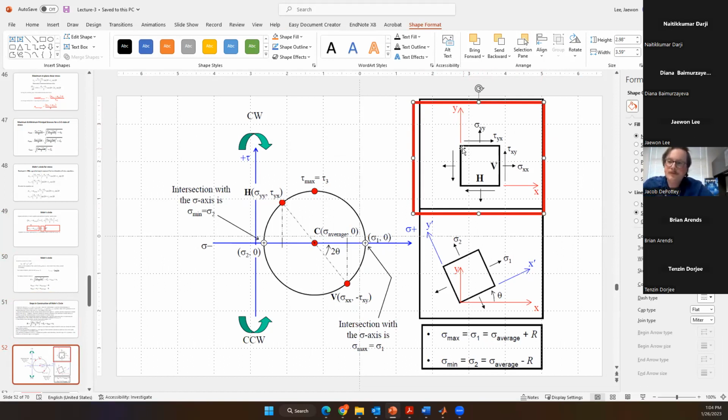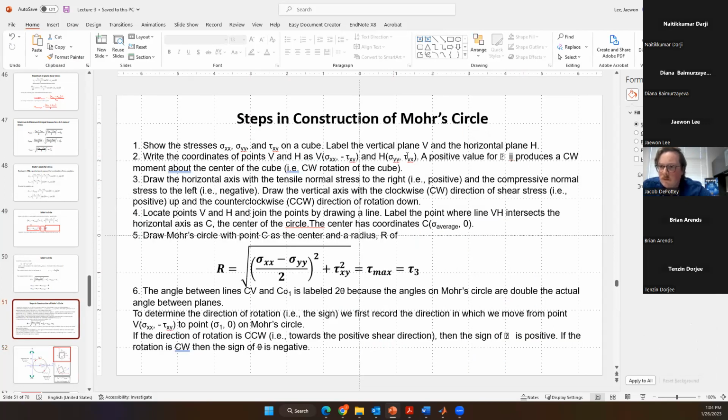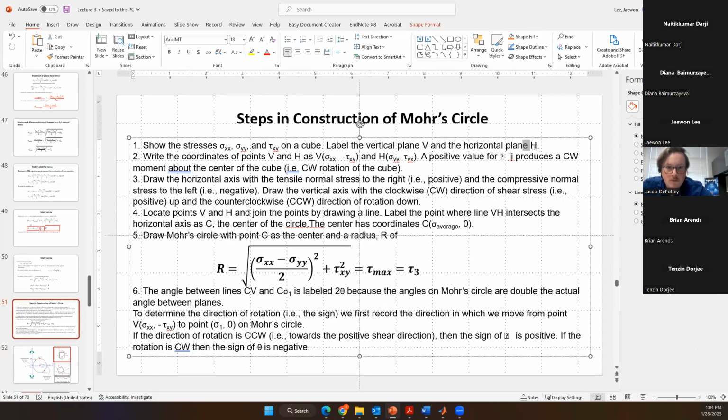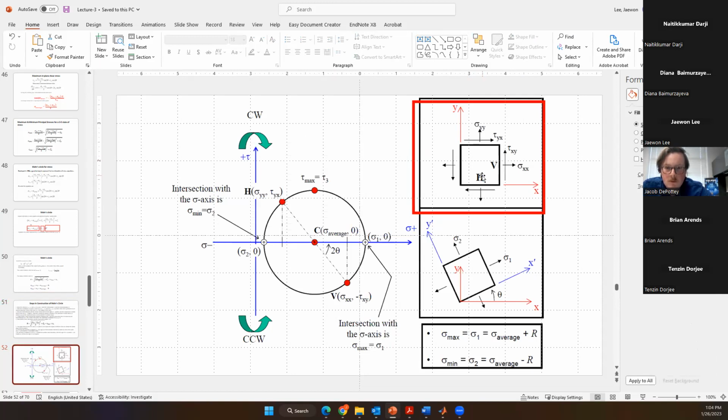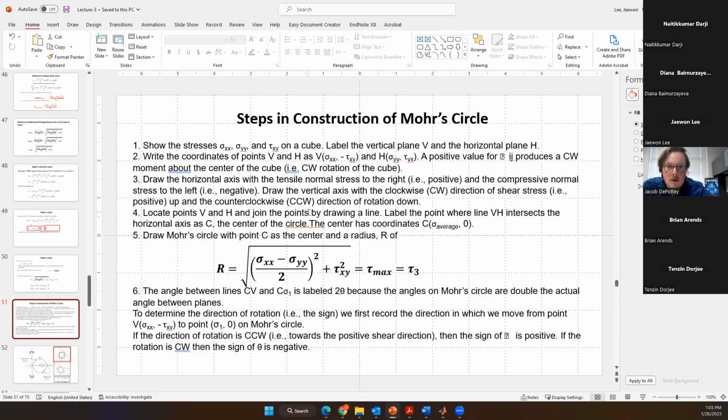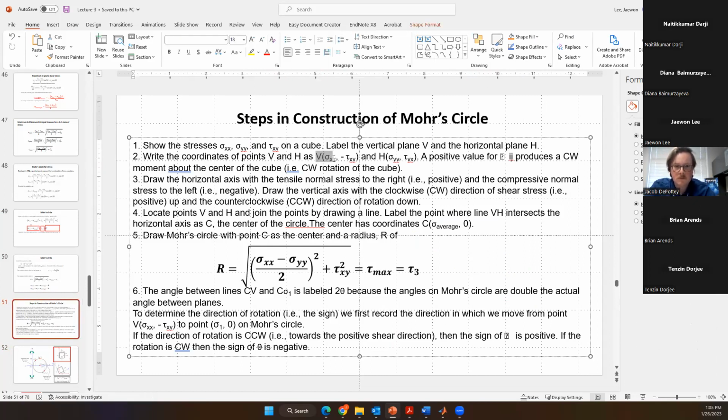You can make it a soft cube and rotate it: sigma xx, tau xy, sigma yy. Then write down the frame V and put the frame H. V is sigma xx, minus tau xy.